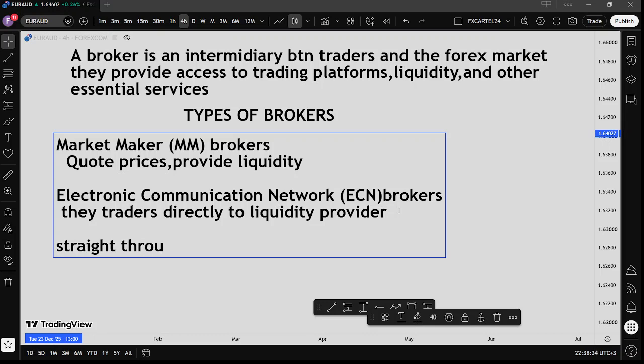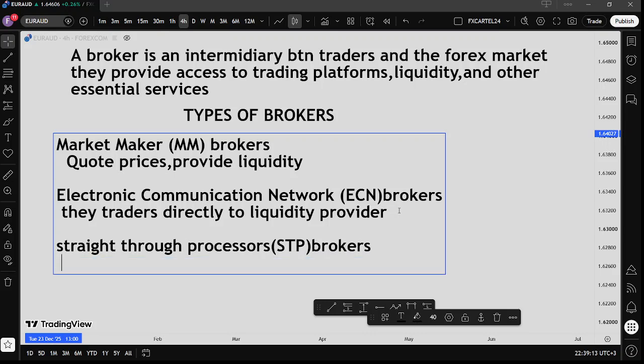There are four types which I'm going to talk about, I'm just giving the types.